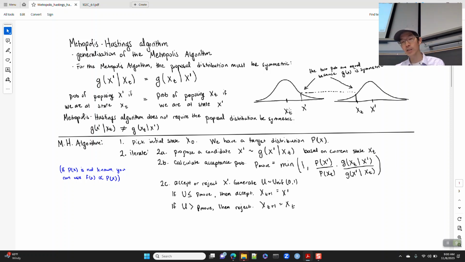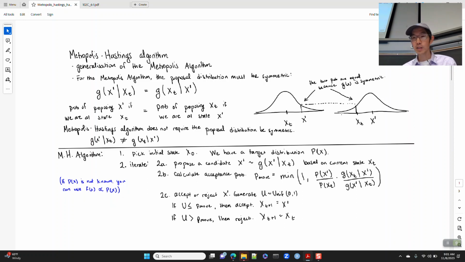So here, this is the idea of us being centered at xt, and I'm proposing x prime if I'm using a normal distribution. And over here, if I'm centered at x prime, because it's symmetric, the probability of proposing xt, these two things are equal, okay? These two probabilities are equal because g of x is symmetric.